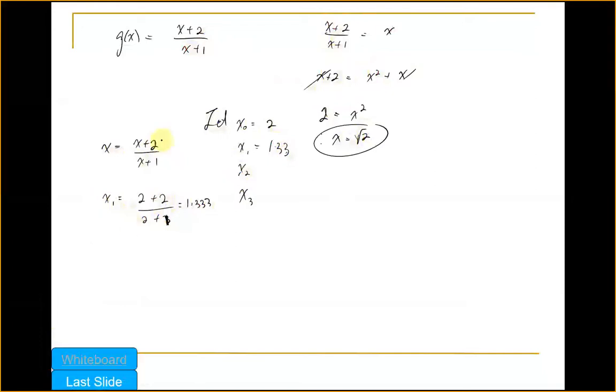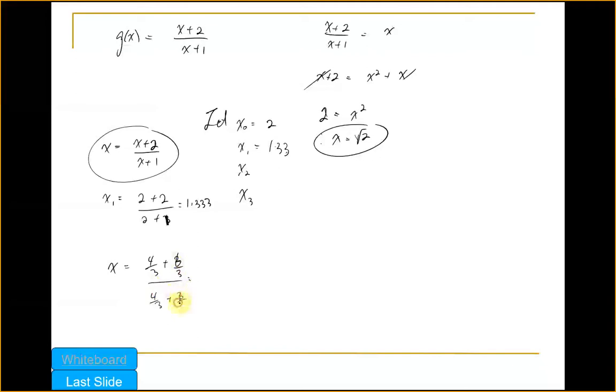Let's do it again. Plugging it into this equation again. x equal 4/3 plus 2 over 4/3 plus 1. What do you get? This is, by the way, 6/3.